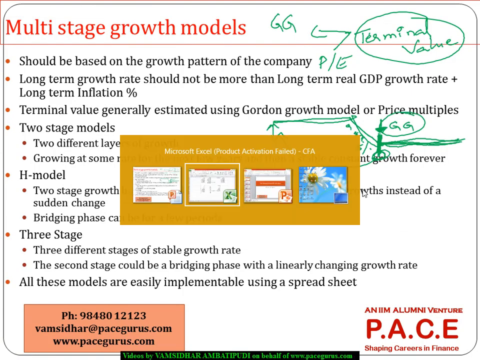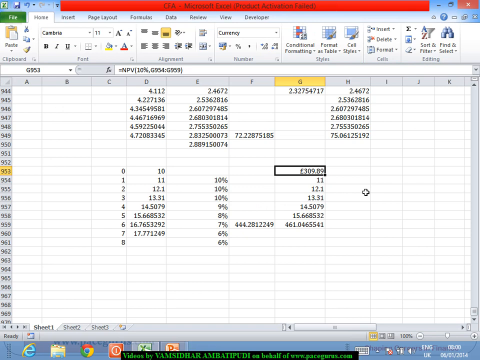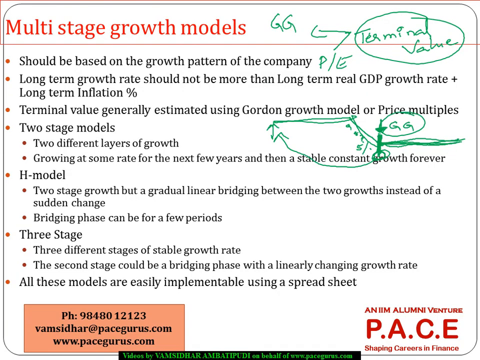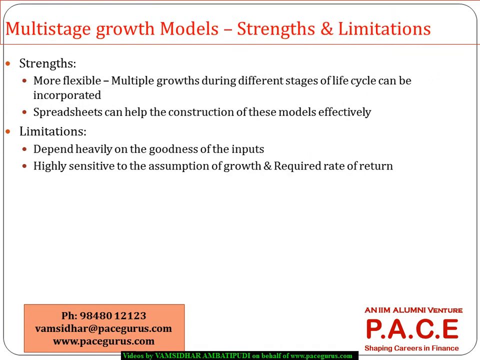So when such a scenario is being used, it's better that you take it step by step, compute the dividend at each step, then use the NPV to find the present value, and wherever the terminal value is required, you can very well use the Gordon growth model to find the terminal value. So it is more flexible.